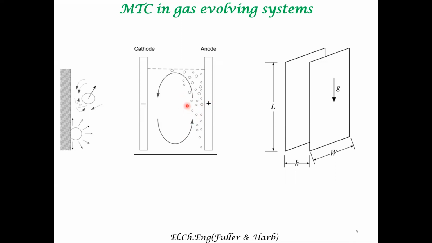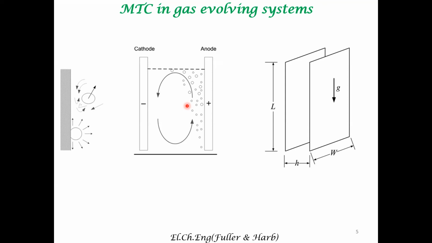The generation of gases themselves would generate convection patterns, and these are very common in many important practical electrochemical systems. I mentioned the electrolyzer. There is also the chloralkali system, wherein again gases are evolved.